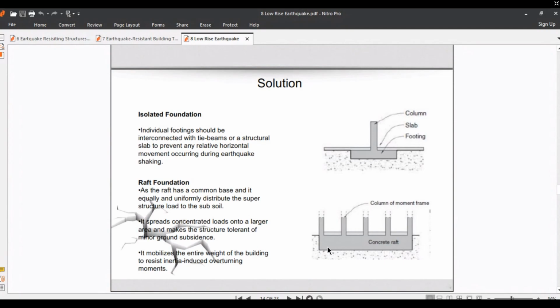This concrete raft spreads concentrated loads onto a larger area and makes the structure tolerant of minor ground subsidence.